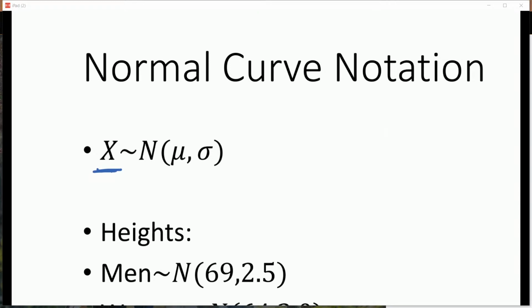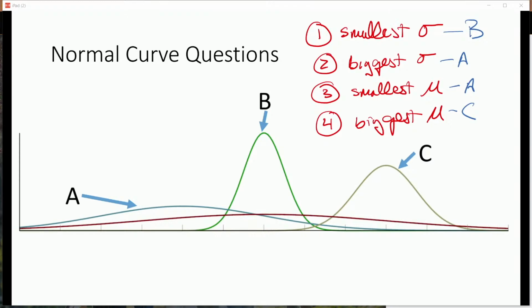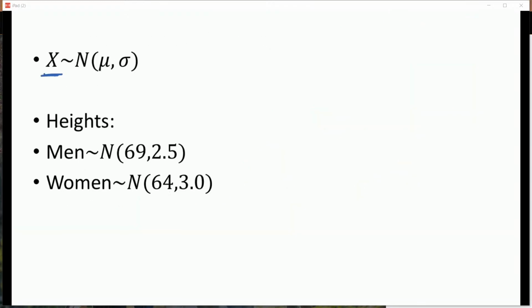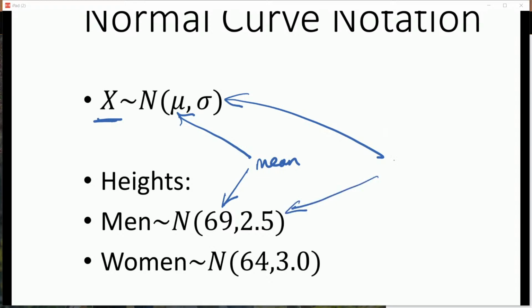So the N means normal, and when you see the N there, you should be thinking of one of these curves. Then in the parentheses, the first number is the mean, and the second number is the standard deviation.